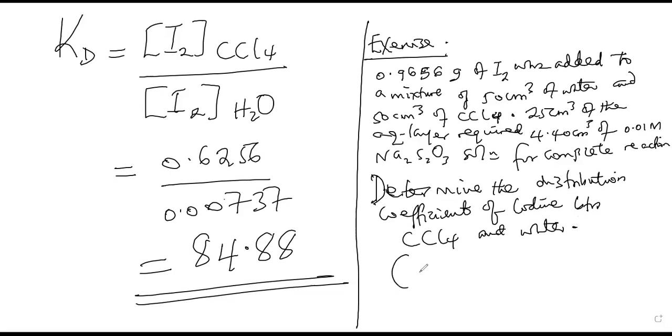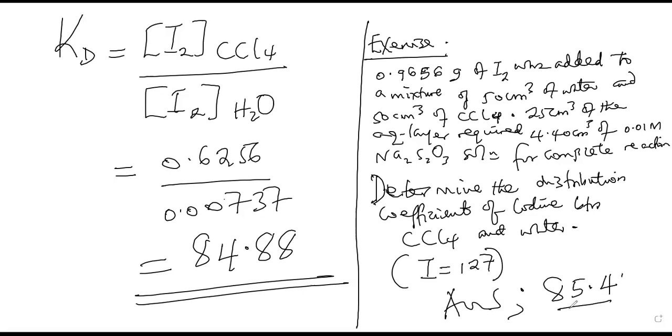In brackets, I is equal to 127. The iodine atom is 127, and you should get the answer, which is 85.4. That is the answer that you should get, 85.4.